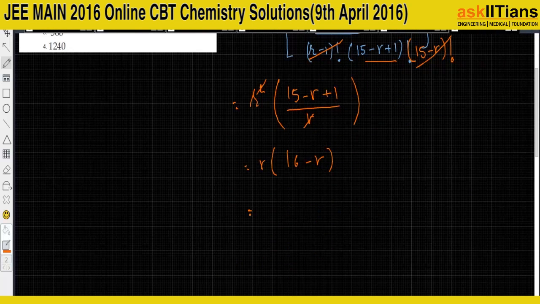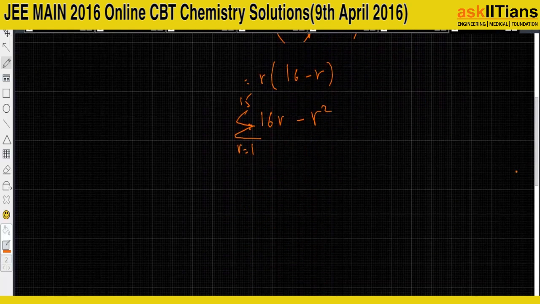So this will be 16 R minus R square, and then you have to take sigma of this quantity. So sigma from R equal to 1 to 15, right? So 16 sigma R minus sigma R square. 16 you can take outside.